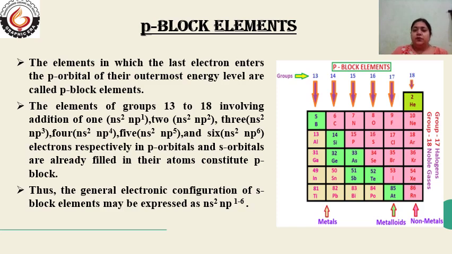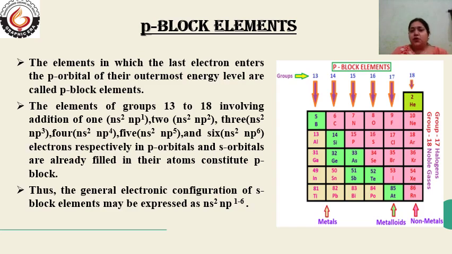So from group 13 to 18 is known as p block elements, and the general configuration of these groups is ns2 np1 to ns2 np6. That means in the outermost p orbital there may be 1 electron, 2 electrons, 3 electrons and so on up to 6 electrons.